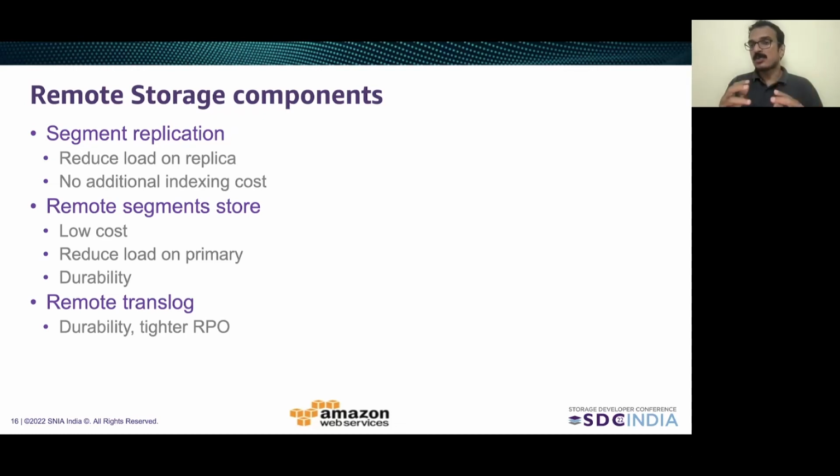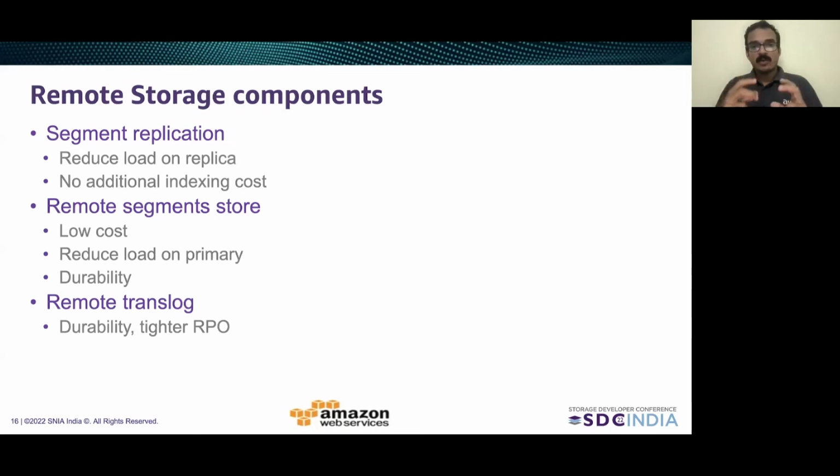The whole cluster is doing double the work and can use 2x the CPU, or actually multiple. If there are more replicas, the number of indexing operations is equivalent to the number of replicas, and it gets really expensive. No additional indexing cost, as I talked about, because you index only once, and then you copy the indexed segments to the replica nodes.